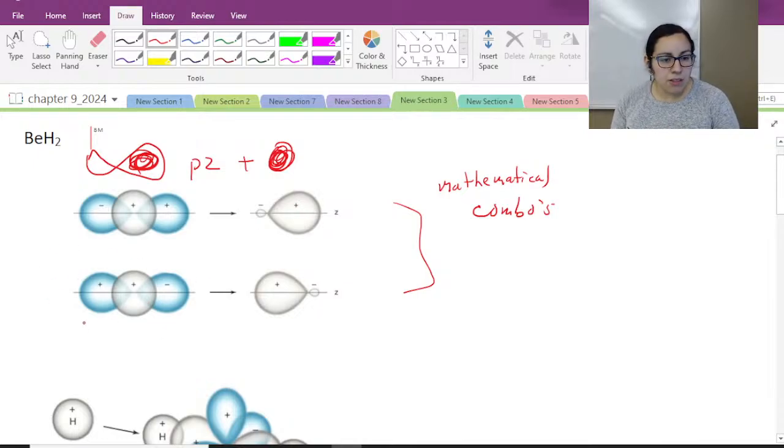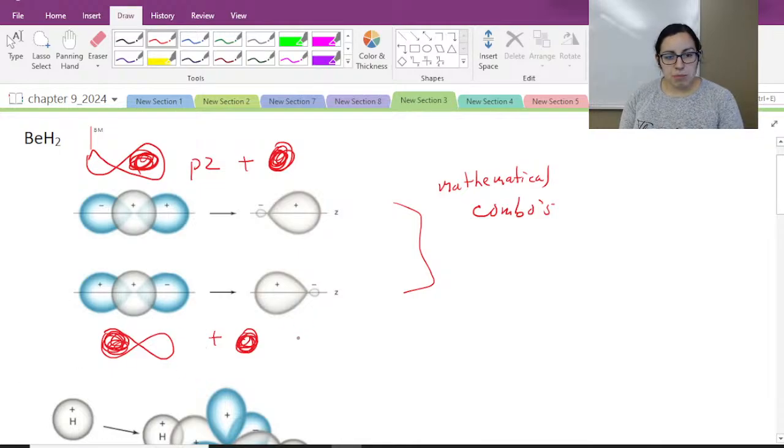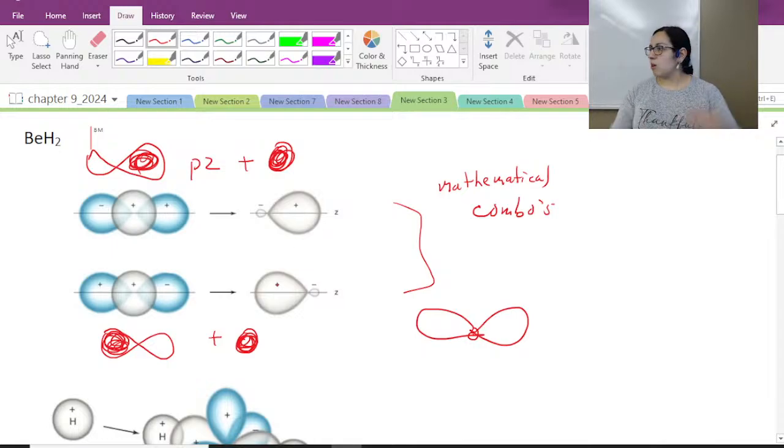And then the other mathematical combination would obviously be where they could add, where the shading's the opposite. So now the unshaded side cancels out in the middle here, giving us that overall sp mixed orbital. Combining those two, that's your sp mixed orbital.